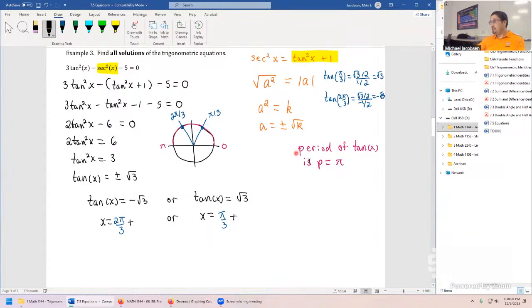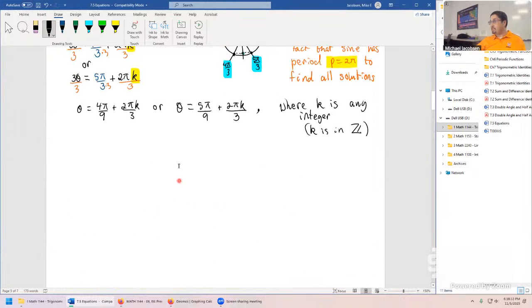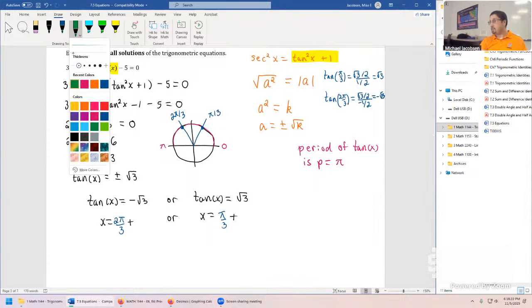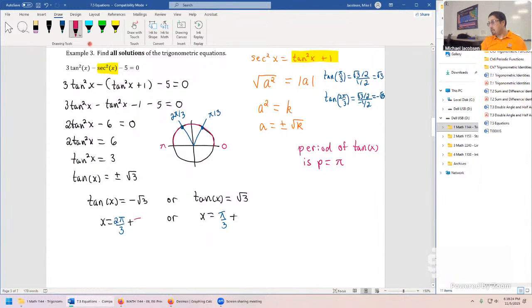plus, then we use the slightly different period here. On the other problems, when we were using periodicity, we went plus 2 pi k, and then this one had to be divided by 3. But because this time the period is pi, we just go plus pi times k on both.